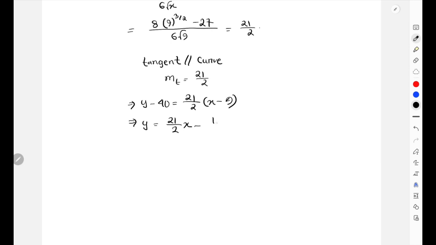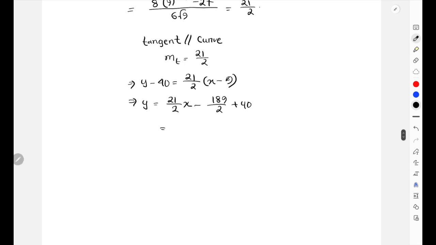This is 189 by 2 plus 40, which is going to be minus 109 by 2. Okay, this is the equation for your tangent.